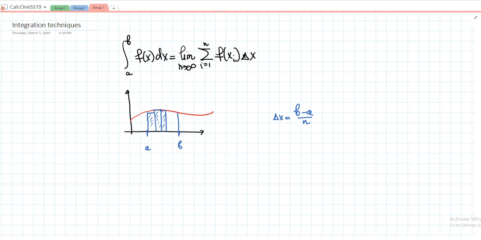But in practice, we don't usually use limits in order to find derivatives, okay? As engineers, we use numerical integration a lot in practice, because most of the time it is really difficult to integrate the functions. So it is better to use numerical integration, okay?